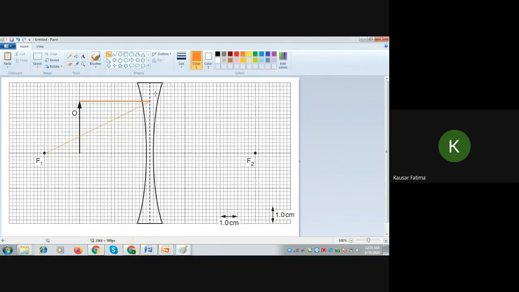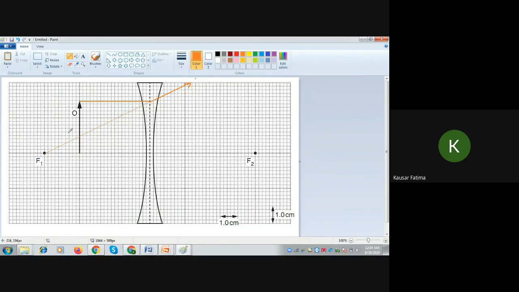Then I will take this ray forward in the same line. So this is the ray going.